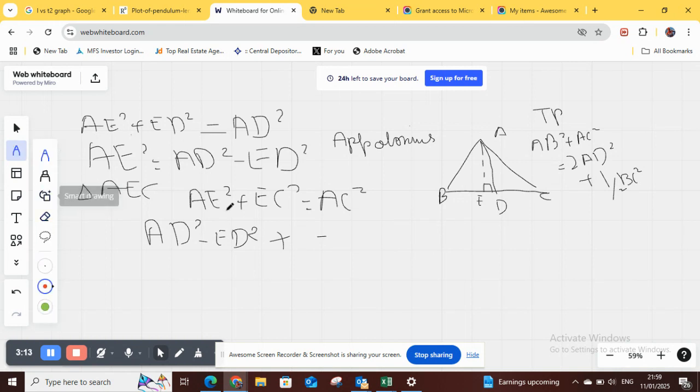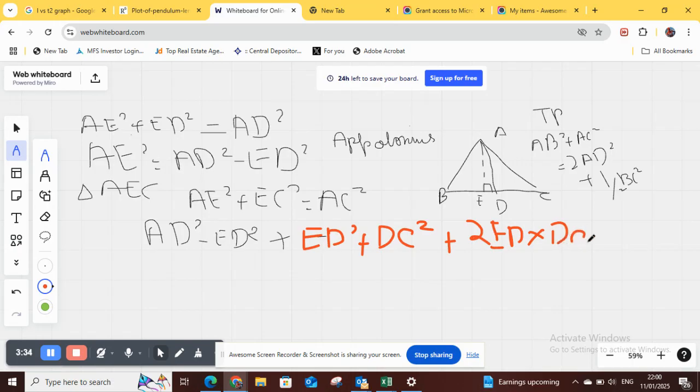And if we whole square it, you all know the whole square formula. We will get ED squared plus DC squared plus 2 ED into DC.